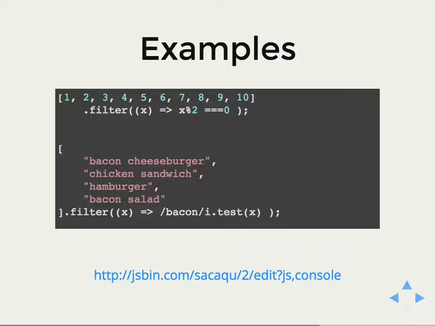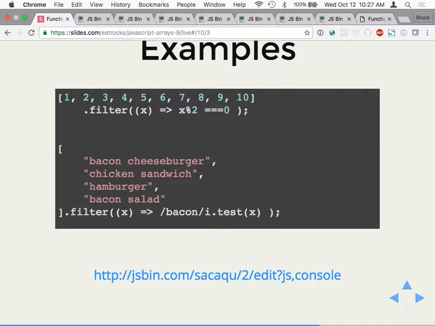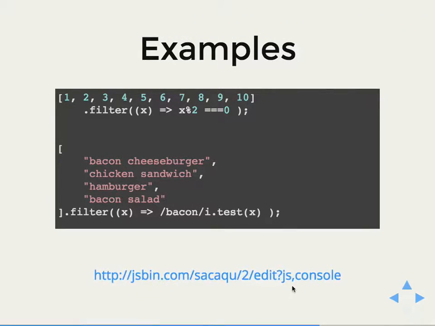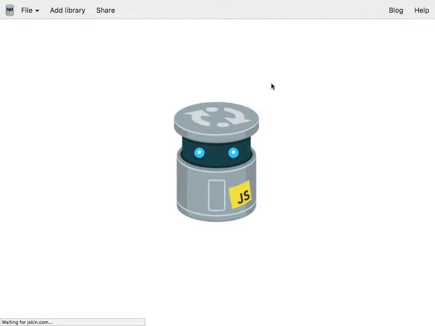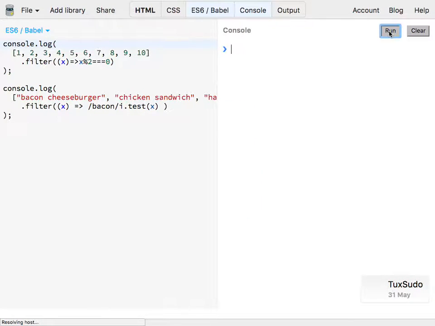And then the next one, who wants to tell me what that one's doing while I pull up JSBin? Check and see if there's bacon in the string. Okay, and then if there is bacon, is it included or excluded? Yeah, I think you're right. So the first one were the evens.